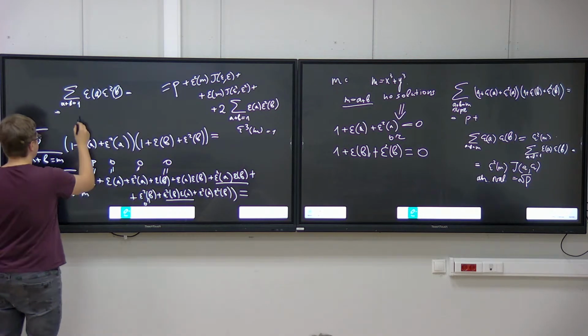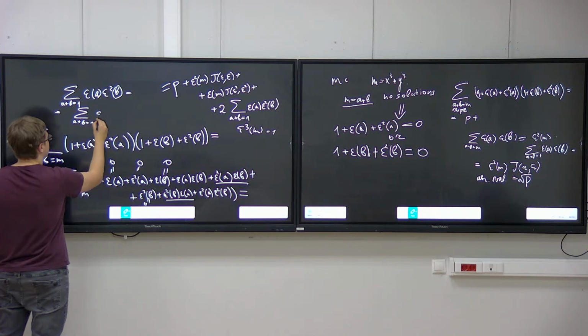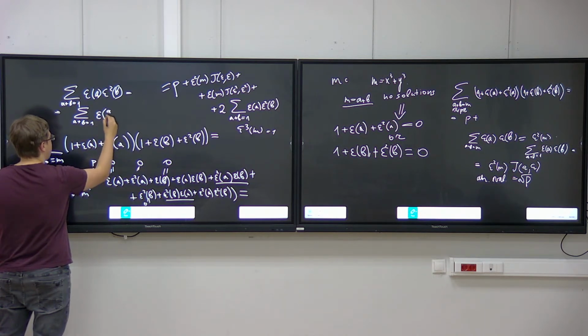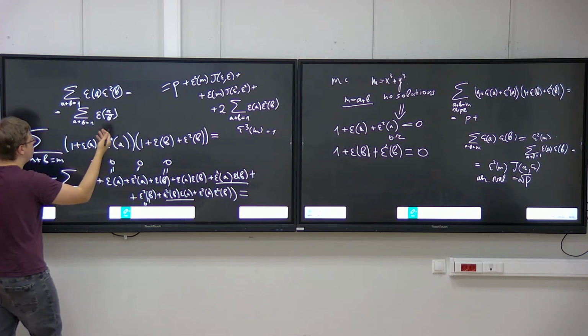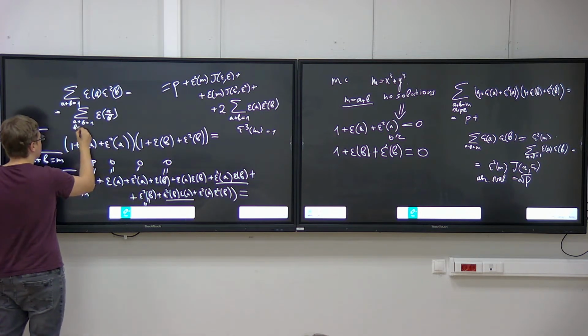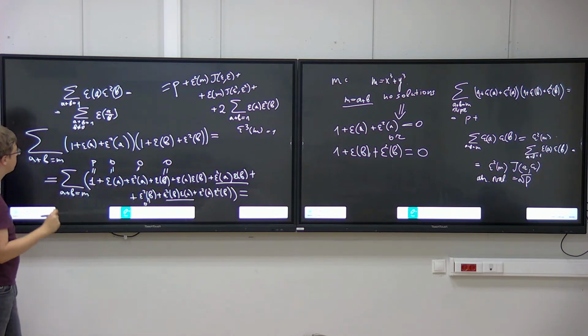So this is the sum over a plus b is 1 of epsilon of a over b. But we also need to require that b is not 0; if it's 0, then we get 0. That's because epsilon squared is the same as epsilon to the power of minus 1.